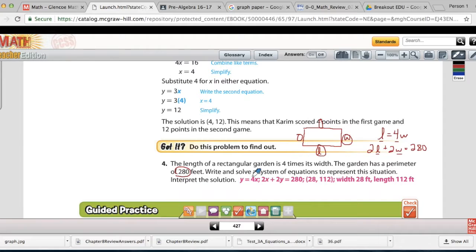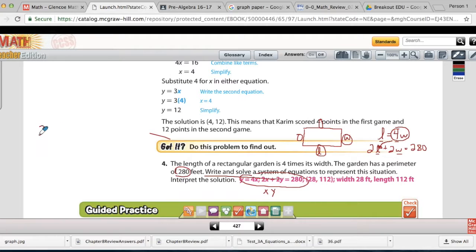Okay, so it says write and solve a system. So here's your first part of that. L equals 4W and 2L plus 2W equals 280. Notice that they used X and Y. It doesn't matter. Okay, and because L is equal to 4W, I should be able to put in 4W wherever I see an L in the second equation.